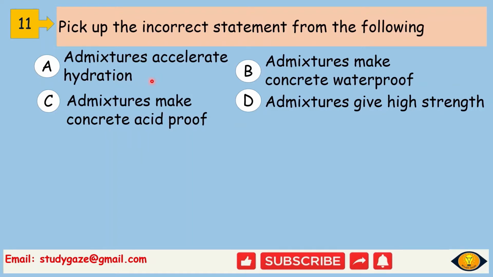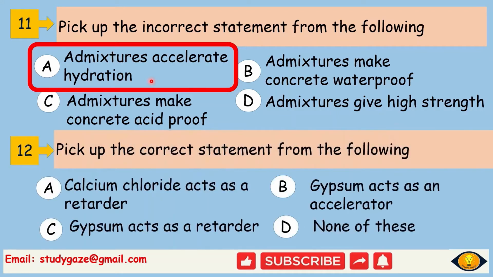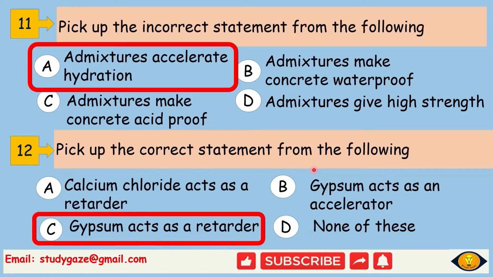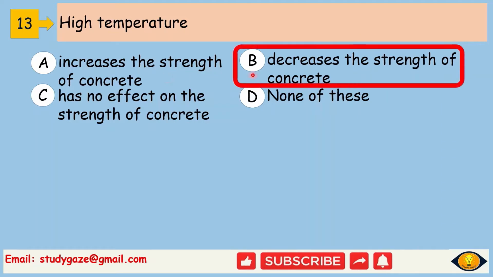So the incorrect statement is admixtures accelerate hydration. Next, pick up the correct statement from the following. So the correct statement is gypsum acts as a retarder. Next, high temperature. So high temperature decreases the strength of concrete.